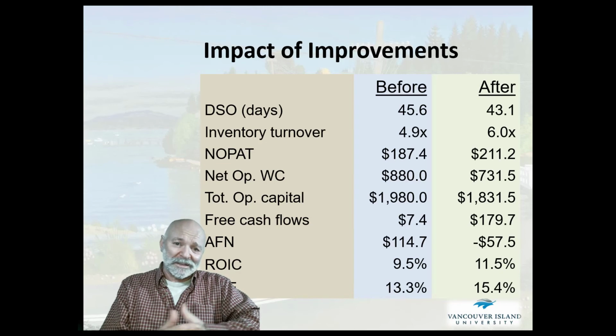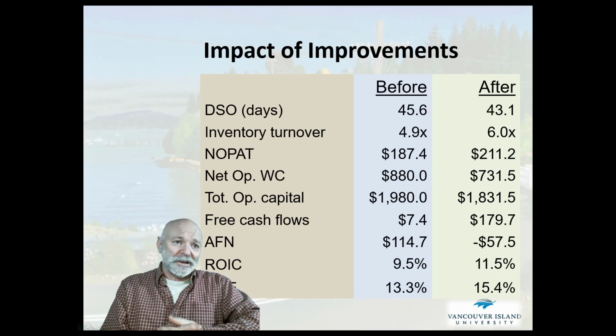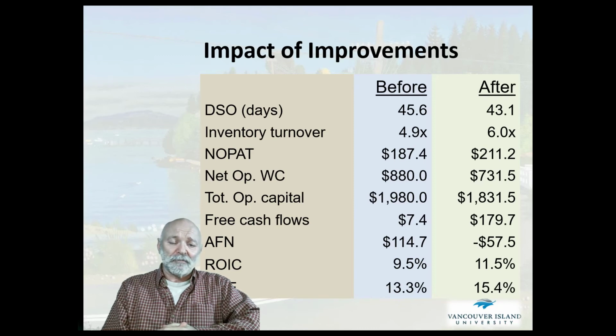We're going to be releasing capital from our inventory and our accounts receivable. The net operating capital was $1.8 million. Now it's going to only be $1.831 because we still have to increase our investment in our fixed assets, but not in working capital. And that means our free cash flow improved from $7.4 million to $179 million.